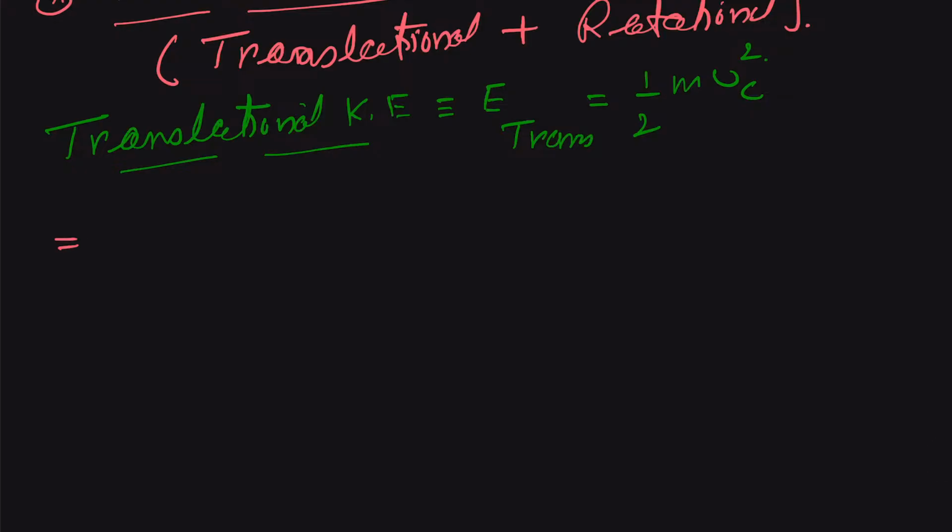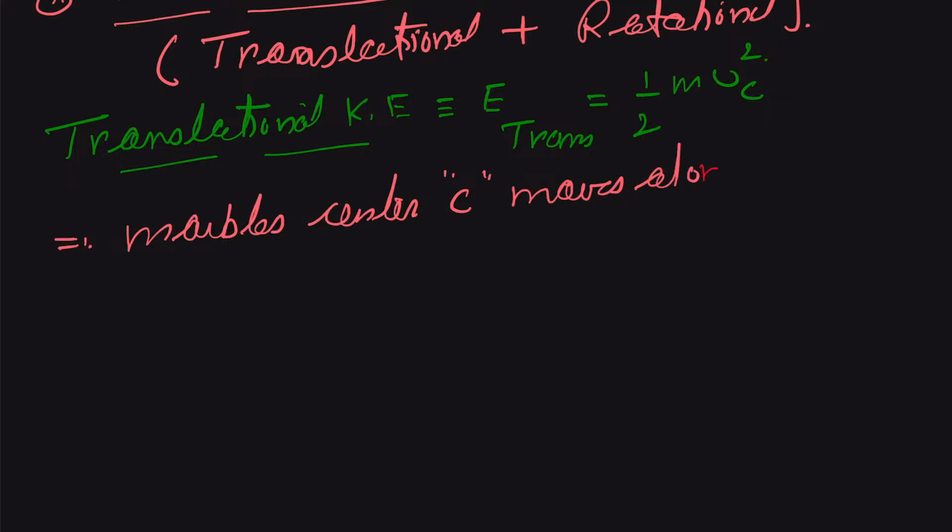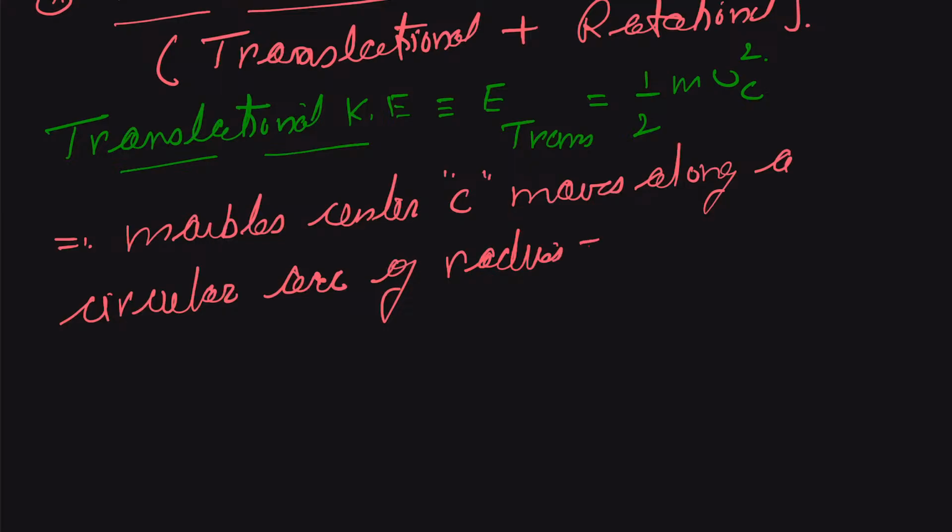So we can say that the marble center C moves along a circular arc of radius rho.